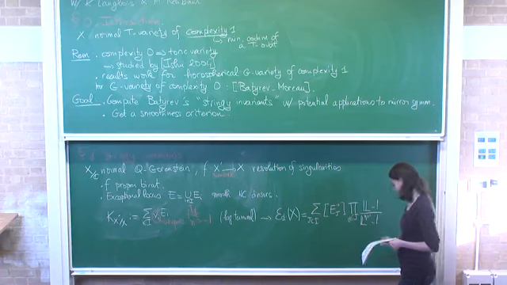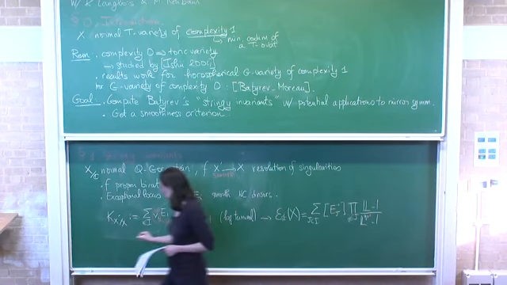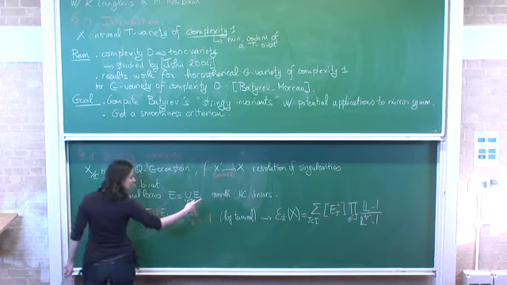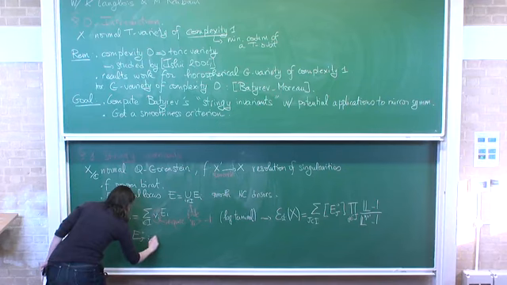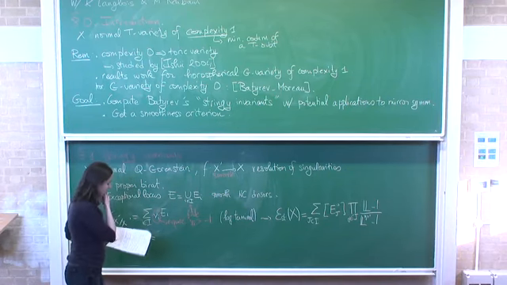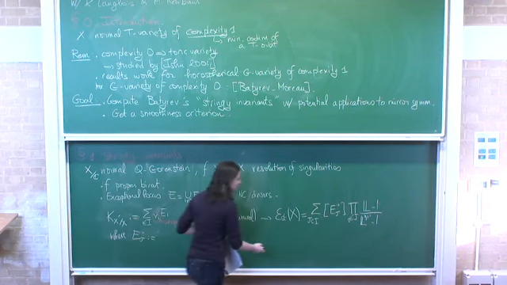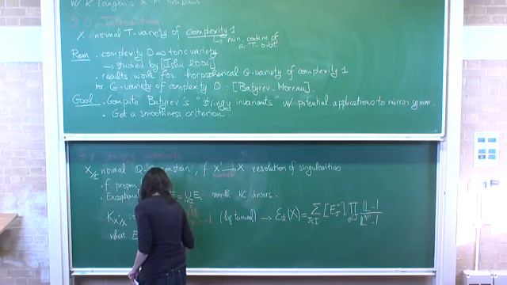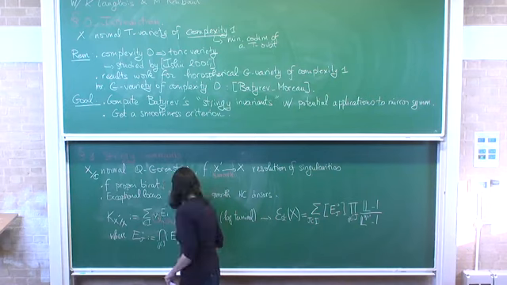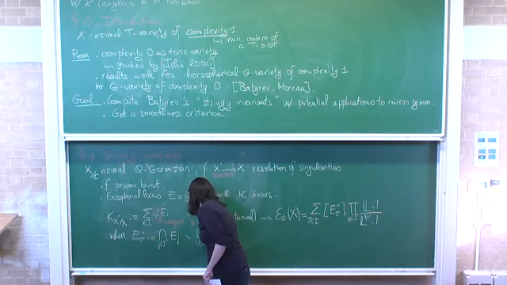Here, E_J^0 is defined as follows: I take the intersection over J of all the components E_j in that set, and I remove from this the union of the components that are not in the set J.